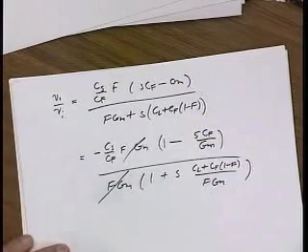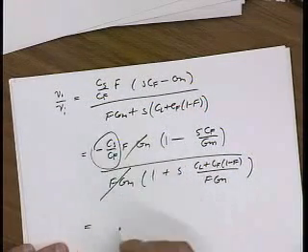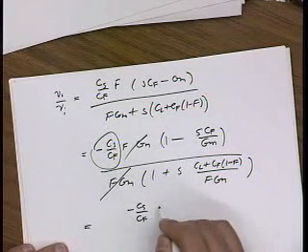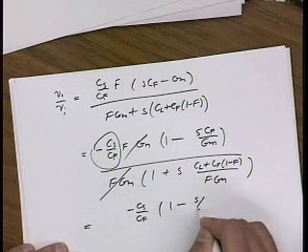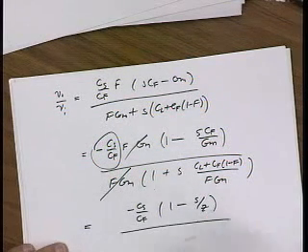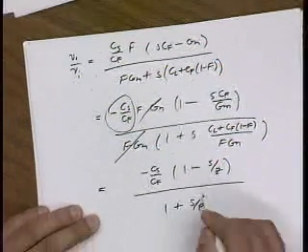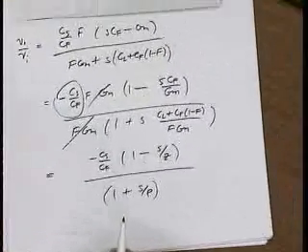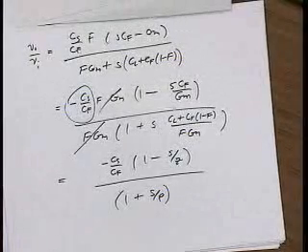The FGMs cancel, and I get this term, which is the ideal gain, times (1 minus s over Z) over (1 plus s over P).